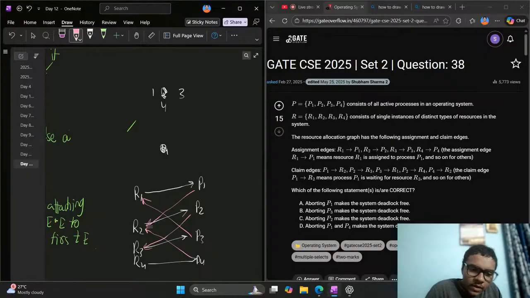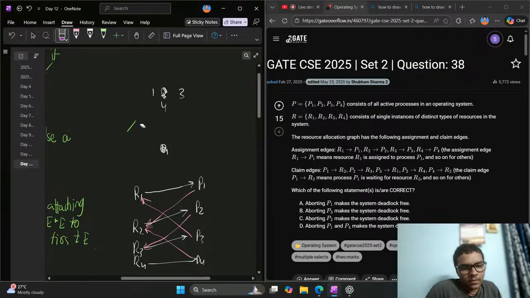And if P3 got R1, do you need to abort both of them? No, if you kind of abort this one, right? Let's say process 1 and it won't request for it anymore.